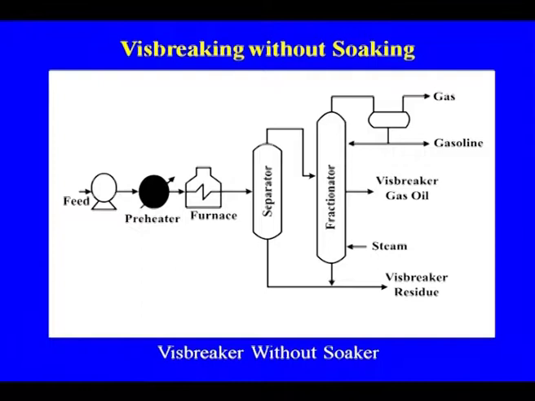So, this is the separation of the gas, gasoline and visbreaker middle distillate, and here is steam. Here we may get the light distillate, middle distillate, and then finally the visbreaker residue. These are the products you get after fractionation of the product coming from the furnace after cracking.